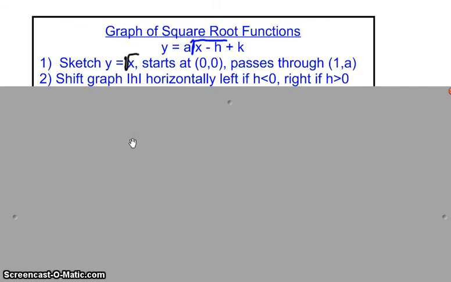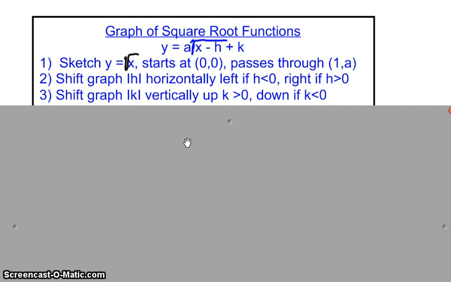And we have a horizontal translation based on h. If h is positive, we go right and left if it's negative. But remember, we're subtracting h. This is always a little bit confusing when you're subtracting the term. And then the k shifts, translates it up or down. This is easier because it's plus k out there. So if it's plus 2, it's up. If it's minus 2, it's down. It's easy. Okay?